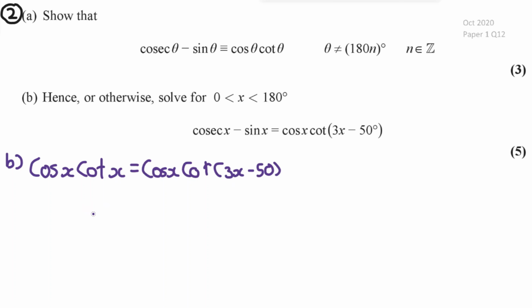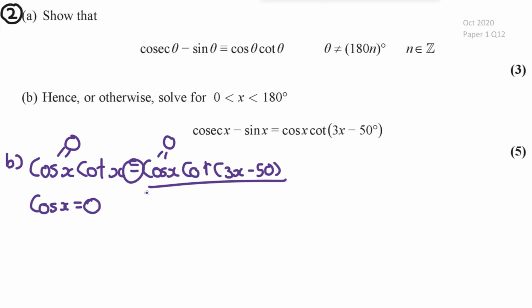Now here the mark scheme does something which I've never seen before. So you might be tempted to divide by cos x here, and I would have wanted to avoid that because I didn't think you could really divide by cos of x if cos x equal to 0 is a possible solution, and here it is, because cos x, if it was equal to 0 here, this whole thing would be 0, and if this is equal to 0, this whole thing would be 0.